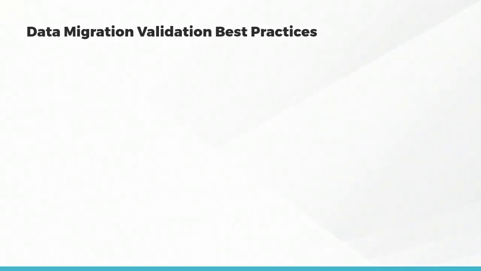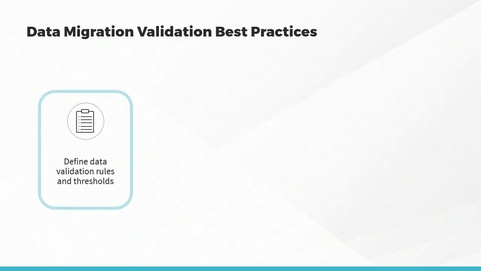This is where we'll have data migration best practices to ensure that we're not violating any problems that could be seen by a customer. We want to define data validation rules and thresholds. This is really important for making sure the integrity and accuracy of our data is correct. We have to define these validation rules and thresholds because we can't move any critical business data to a new system if these validation rules need to act as a checkpoint for our data.